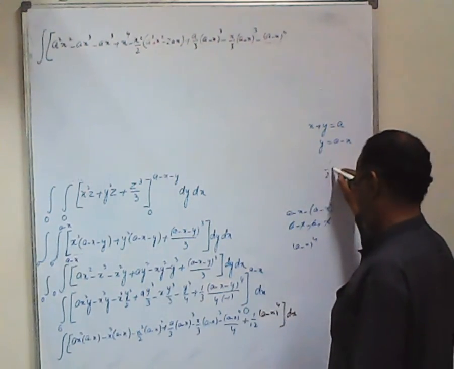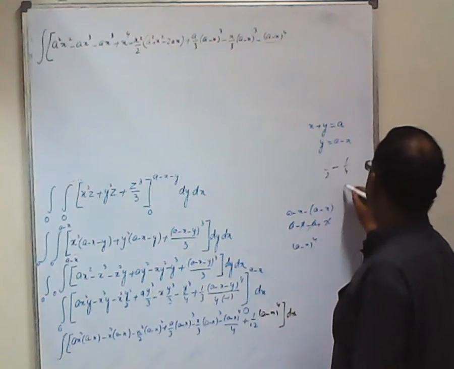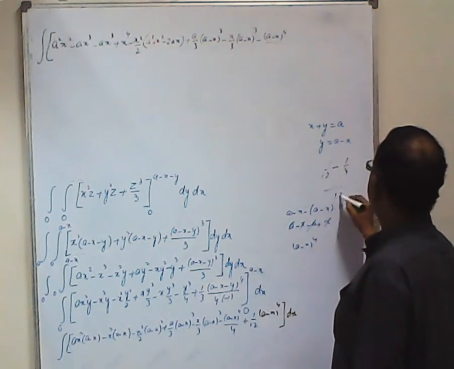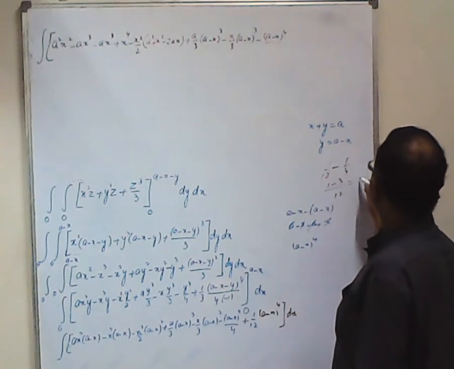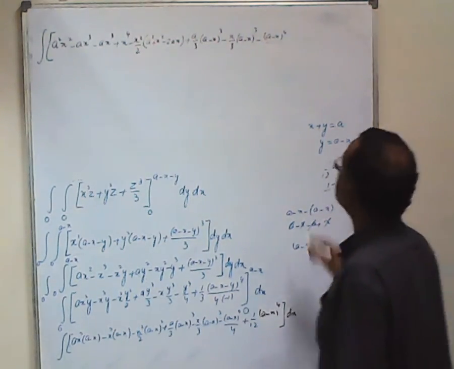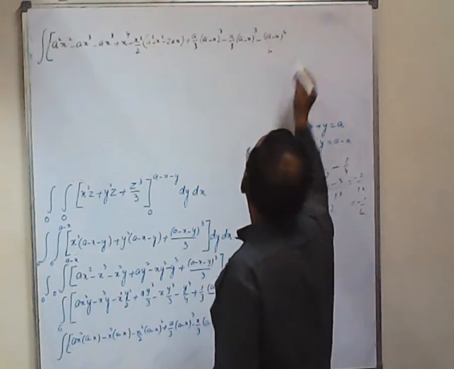So 1 upon 12 minus 1 upon 4. So 12 LCM. So 1 minus 3. So minus 2 upon 12 means minus 1 upon 6. So minus 1 upon 6.